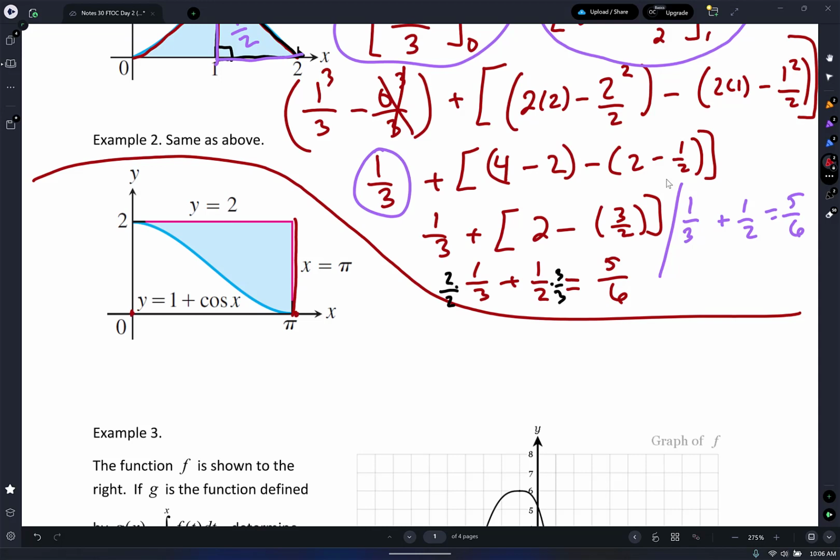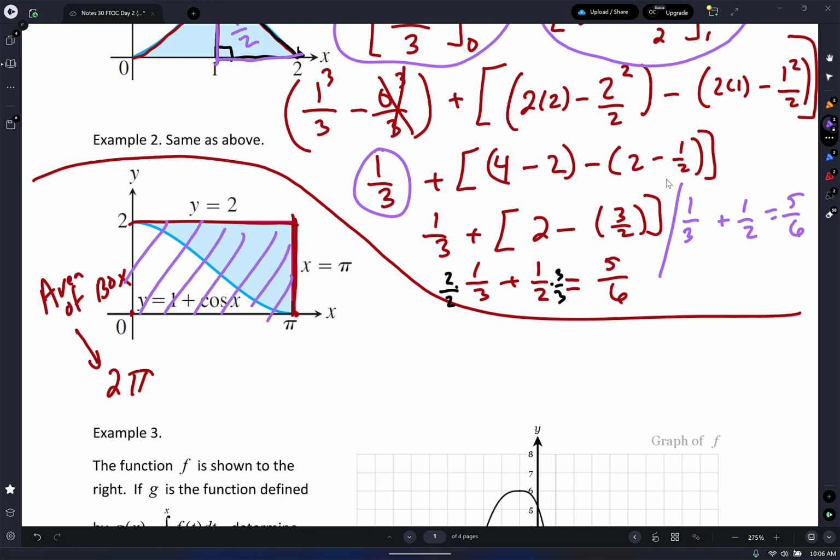Do you guys see that? Pi minus 0. So the area of this rectangular box is just 2 pi. So I'm going to write 2 pi, area of box. Chavez, what box are you talking about? This box here in purple. That entire box. Cool or not cool?